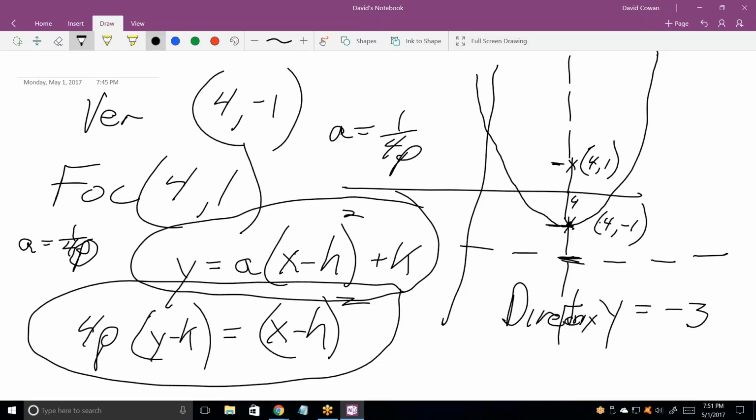Well, I've had students that weren't sure before, and it turns out that they use this format down here, 4p times (y minus k) equals (x minus h) squared. This actually makes it a little easier to deal with the focus and stuff, because in this one the vertex is still h and k, but additionally we have p being the focal length. I know the focal length here is 2.